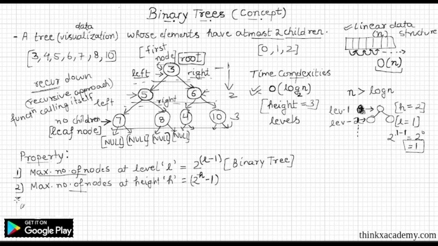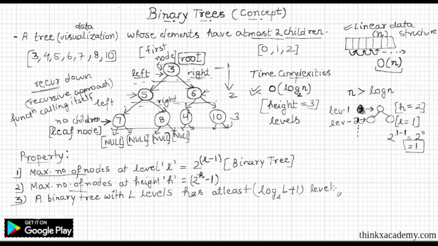So the third property that I'm going to write is, a binary tree with L levels has at least log base 2 L plus 1 levels.